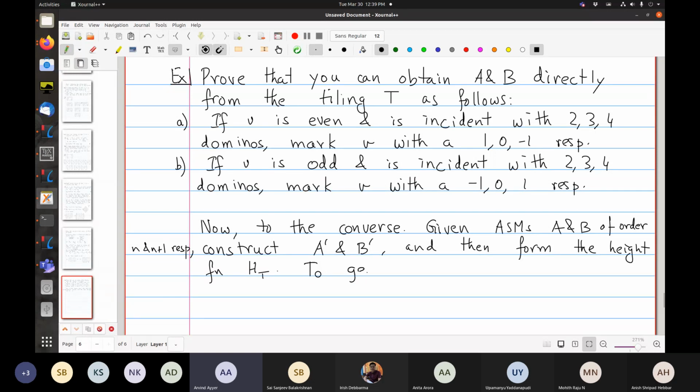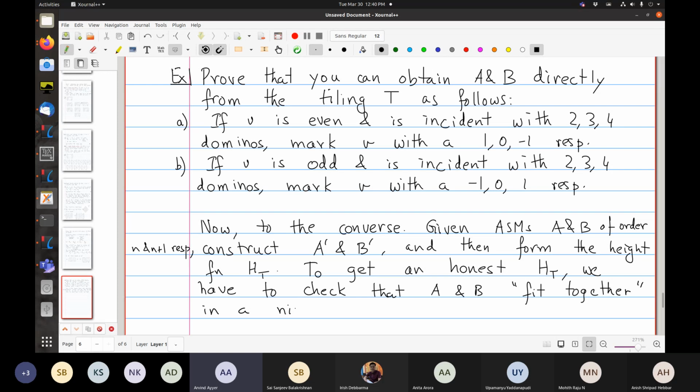To get an honest height function, we have to check that A prime and B prime, rather that A and B, quote unquote, fit together in a nice way.